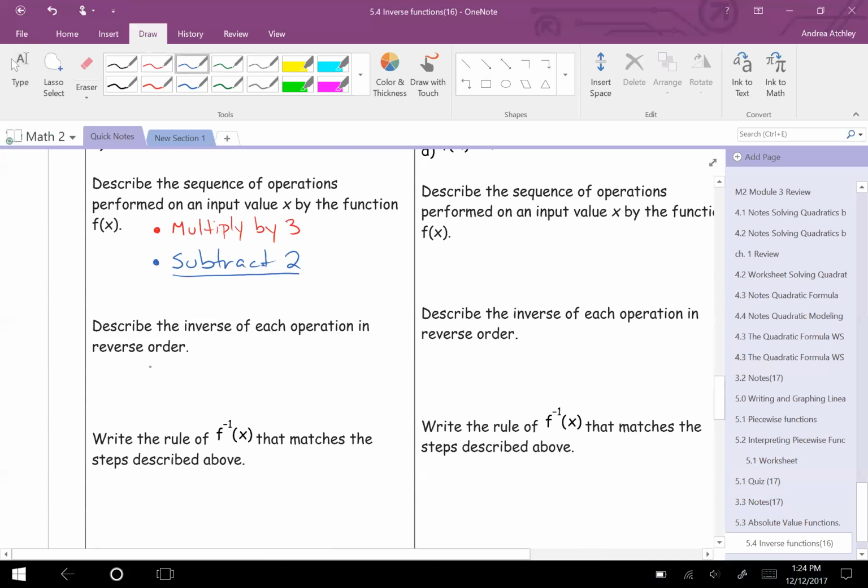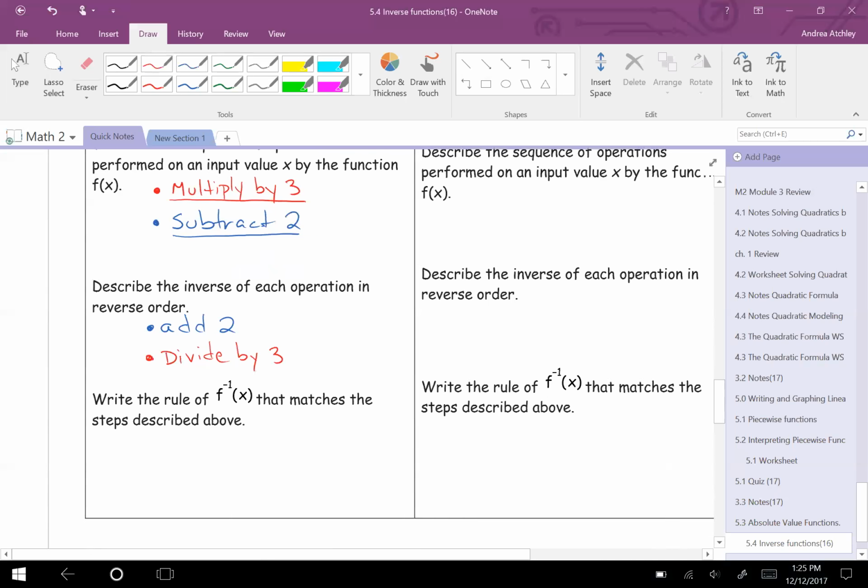Okay, so my first step now is going to be add 2. Then the next step is the inverse of this. What's the inverse of multiplying by 3? Dividing by 3. Any questions over that?